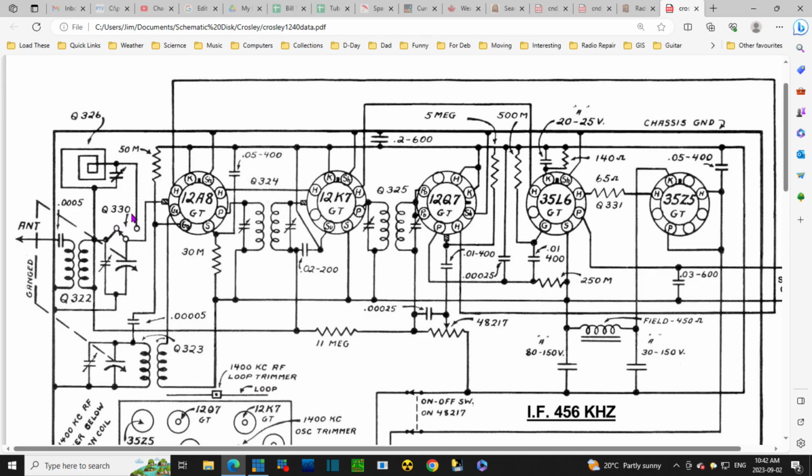What is this supposed to be? 330. 322. Q 322. Q 323. Q 324, 325. Q. Well, I don't know what that is.